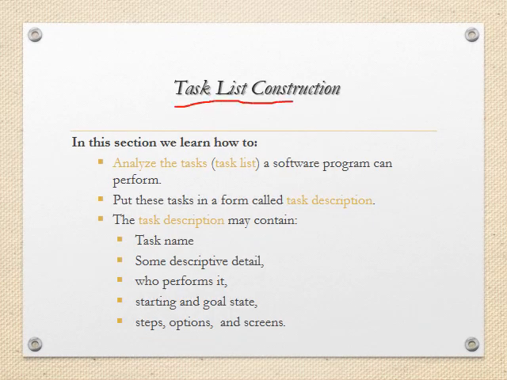Task list construction. How do we construct a task list? In this section, we have to learn how to analyze the tasks. When we analyze the task, we mean preparing what we call the task list for any software program. Also, put these tasks in a form called a task description. And third, we need to know what components to include in each task description.